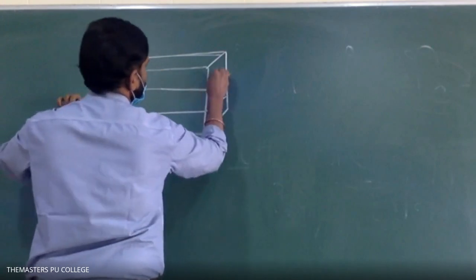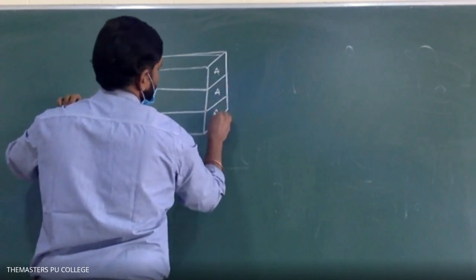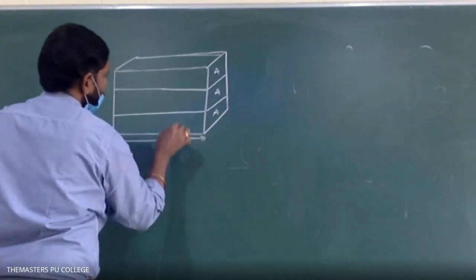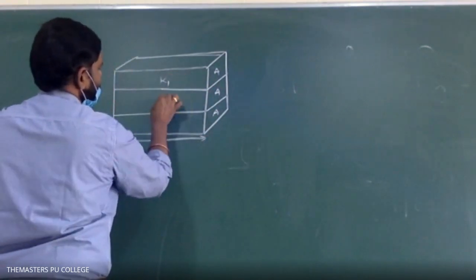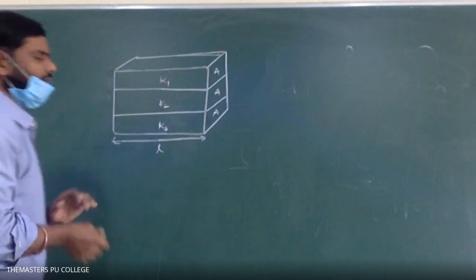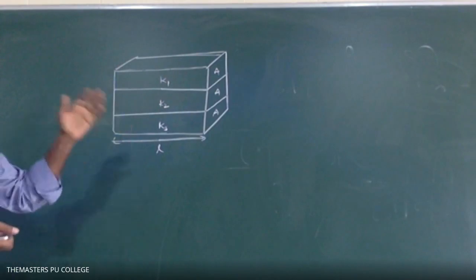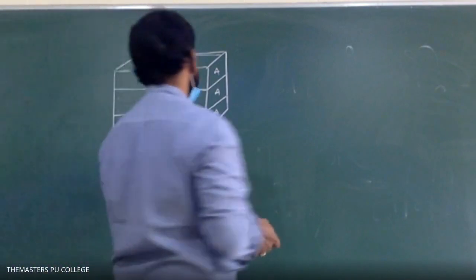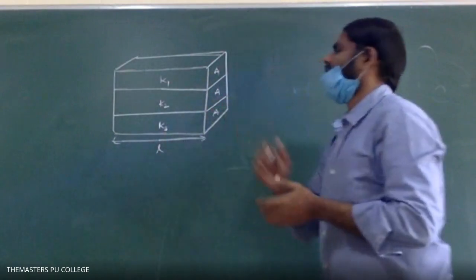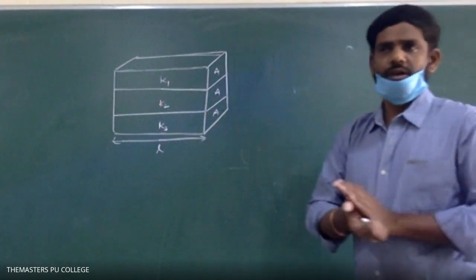This is area A, this is also area A, this is also area A. Each has the same length L. This has thermal conductivity K1, this K2, and this K3. They have given values for K1, K2, K3. Each has the same length and same area of cross section. What is the equivalent thermal conductivity of the combination?